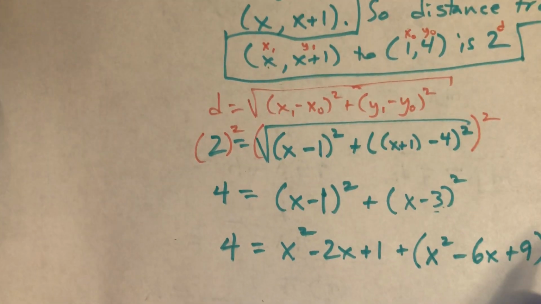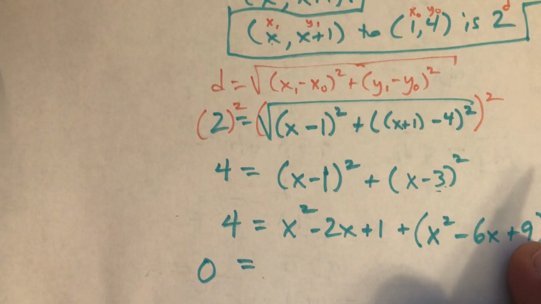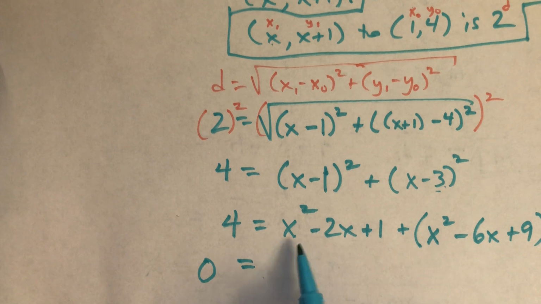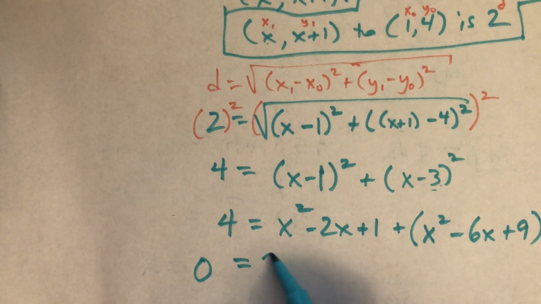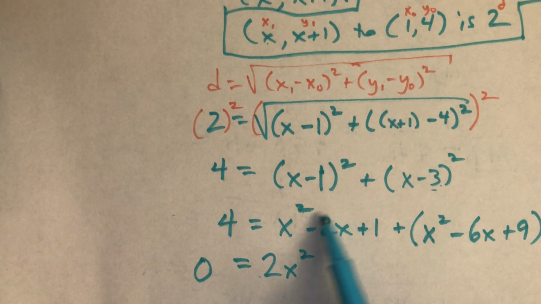Okay, so we want to get everything on one side. So we want to subtract 4 from both sides and combine all of these. So we got x squared plus x squared, that's 2x squared. What else? So we got minus 2x here.